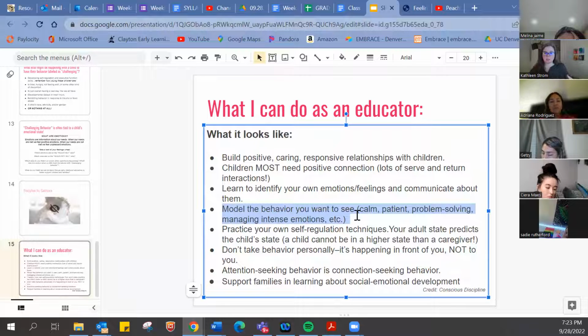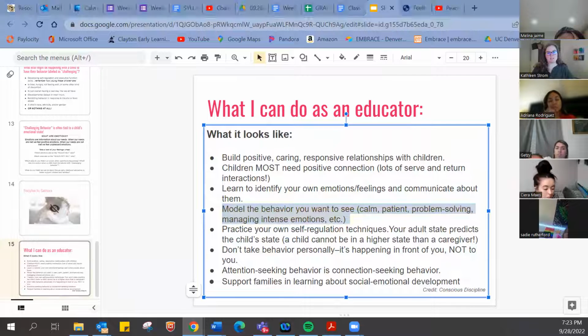So as an educator, you can talk about how to best support children while they're learning about their emotions, because emotions are going to happen whether you talk about them or not, right?